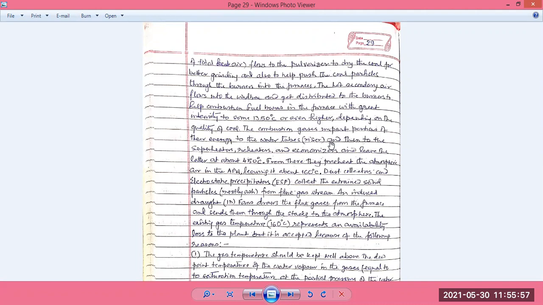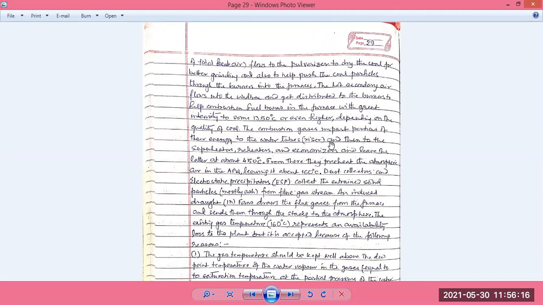Now it goes through and surrounds the water tubes, the risers, and then the superheaters, reheaters, and even economizers, and leaves later at around 400, 450 degrees centigrade.